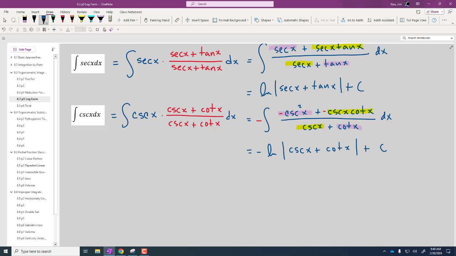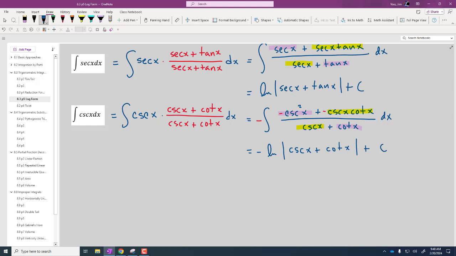And there's some ways to fiddle with this. You could turn it into sines and cosines and pop the -1 up top, but this is fine. We don't need to do a bunch of log properties. Any question on log form?